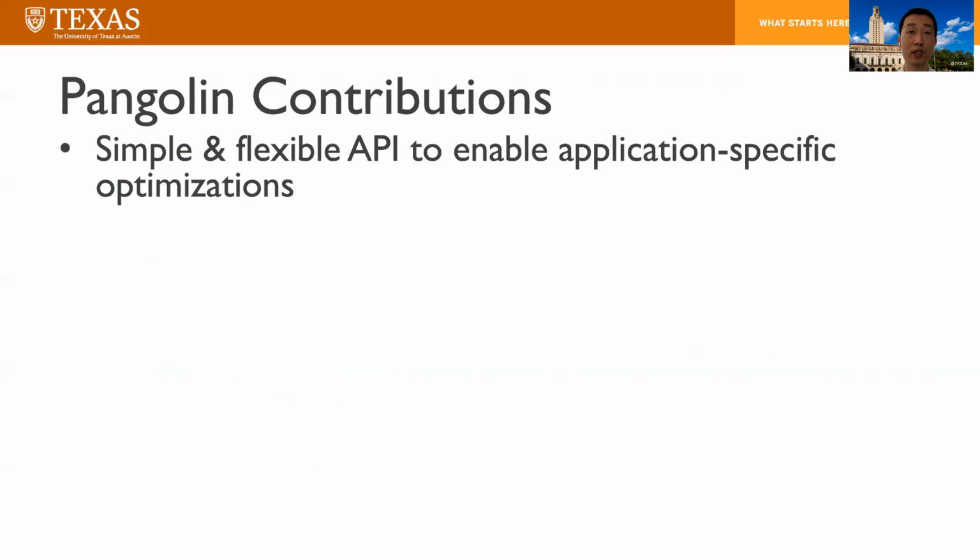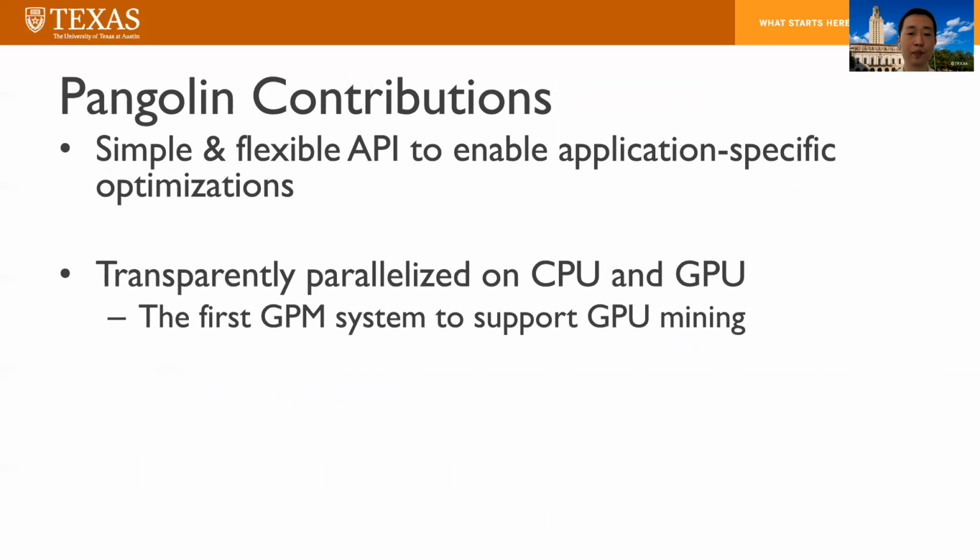Pangolin overcomes these limitations. It provides a simple and flexible programming interface to enable application-specific optimizations. The interface keeps the simplicity as previous systems do, and exposes more flexibilities to the user to apply optimizations.